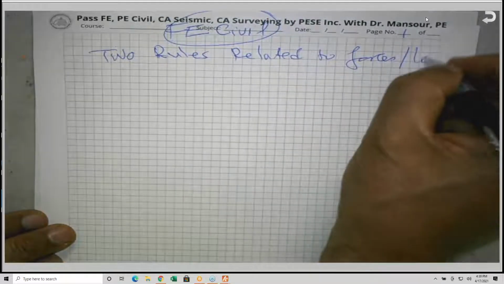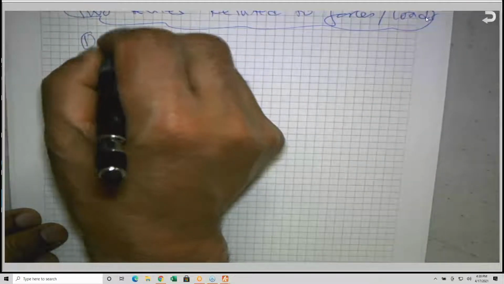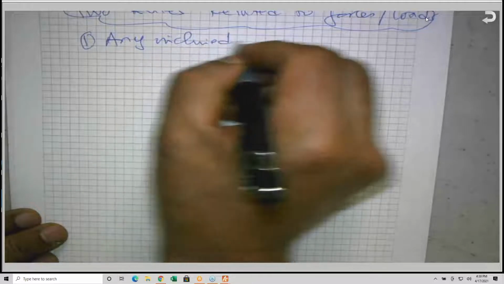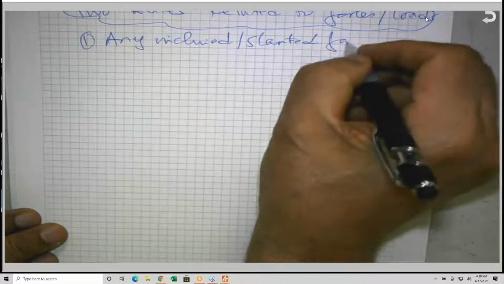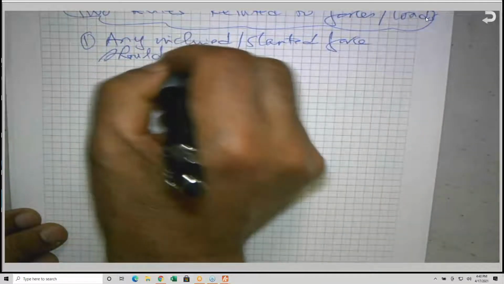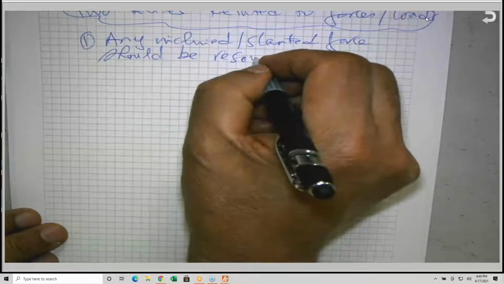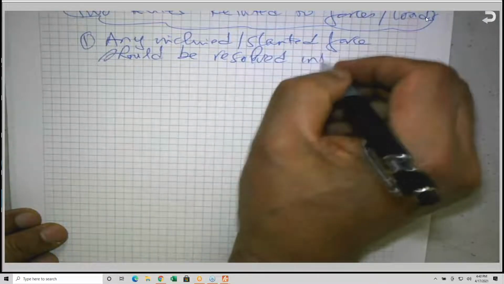Forces or loads in general, these 2 rules. Number 1, any inclined or slanted force should be resolved into components.